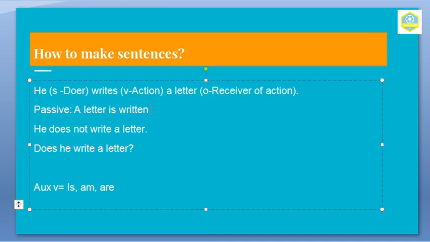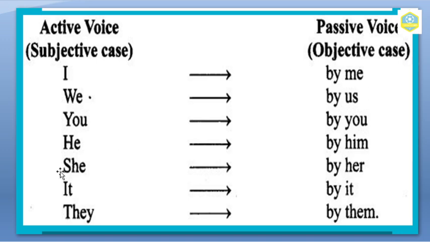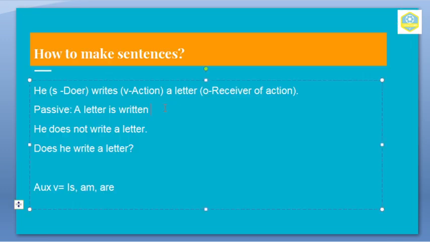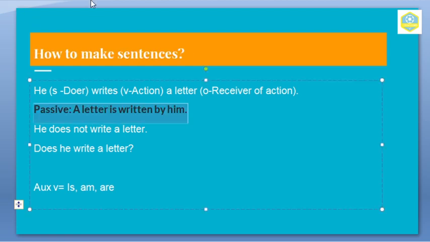A letter is written, and the most important rule is by. He will be changed to him: by him. So this is the passive form, which is really simple, and you can easily make it.